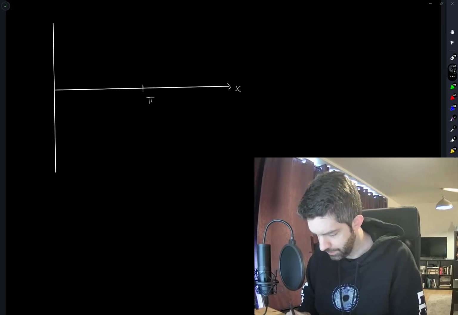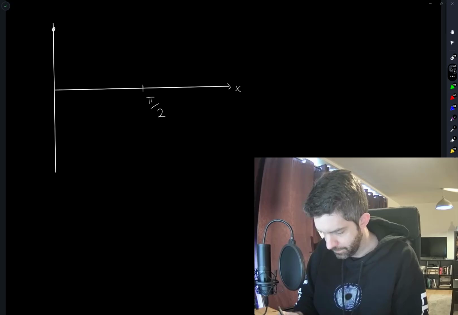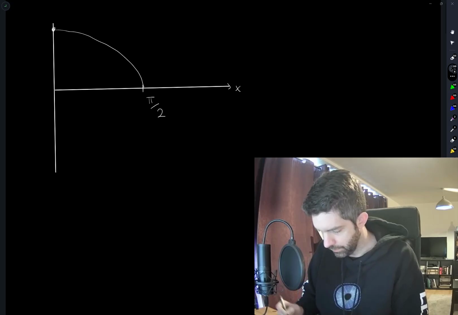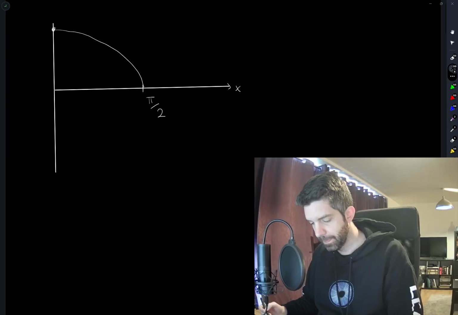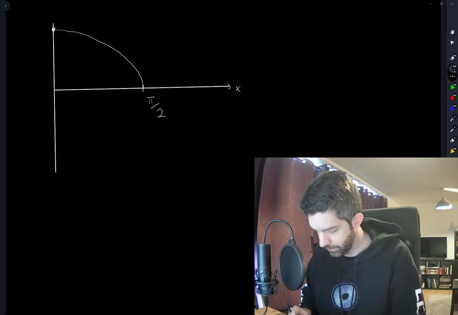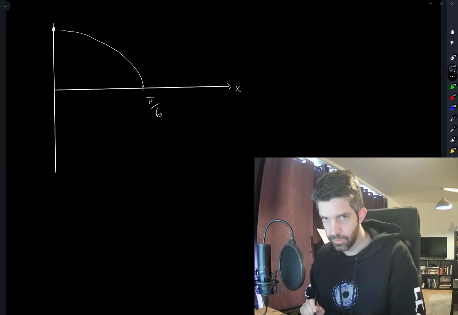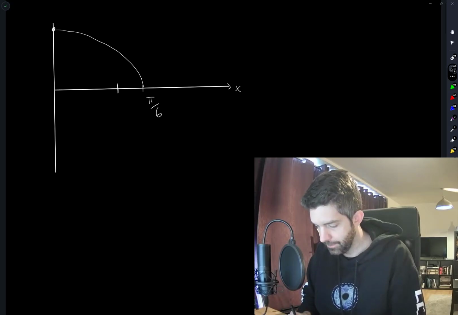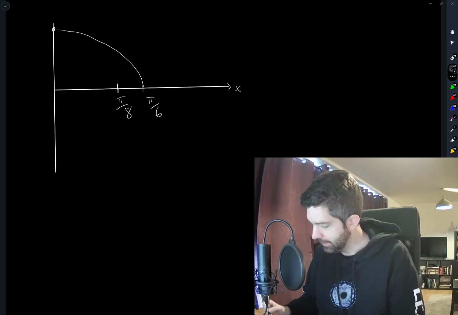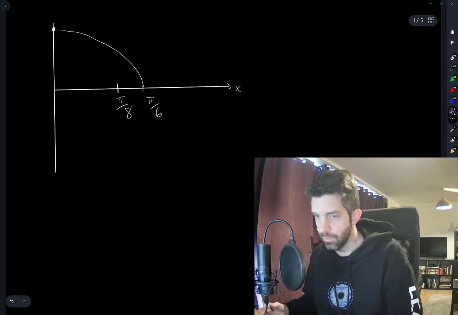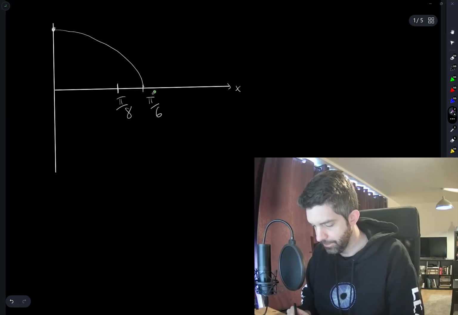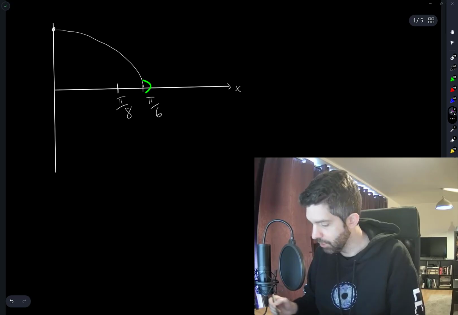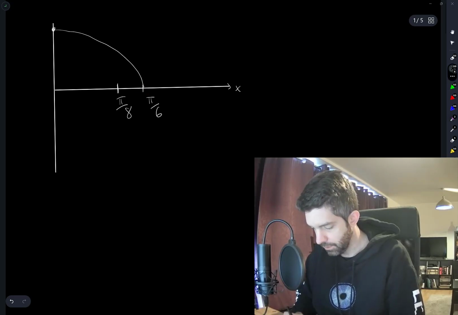If I put a pi over 2 here, then that's more or less what cosine looks like. But we are concerned with cosine of 3x, so this would actually happen at pi over 6, but this term is only integrating up to pi over 8. And we're considering the reciprocal, although that doesn't matter. That would only matter if we actually integrated all the way to pi over 6, then the 1 over cosine of pi over 6 could end up mattering.